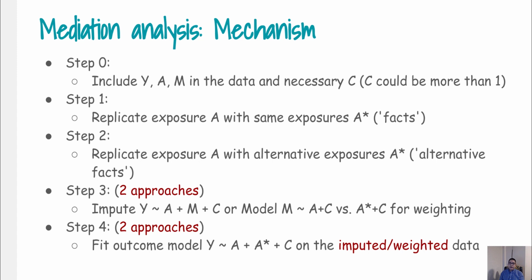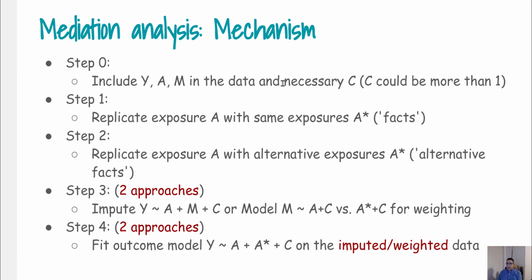In the first step, we will prepare our dataset with y, the exposure variable, the mediator variable, and all of the necessary confounders. Remember, in our case, our y was cardiovascular, osteoarthritis, pain medication, and our C was age, sex, income, and all of the other confounders we have already identified. This C variable does not have to be one variable; it can be many variables.